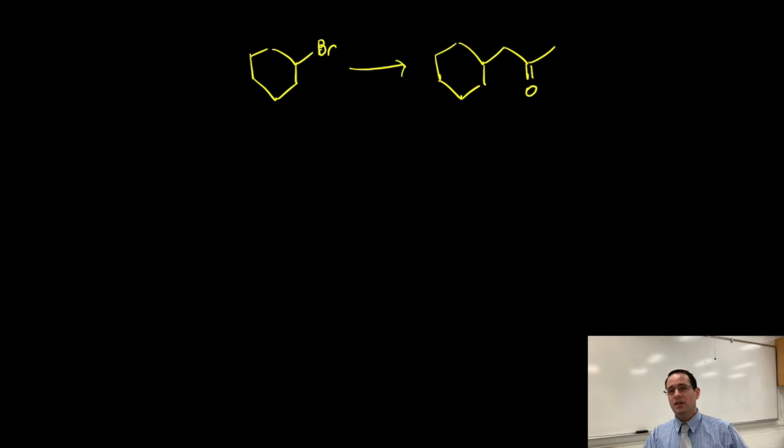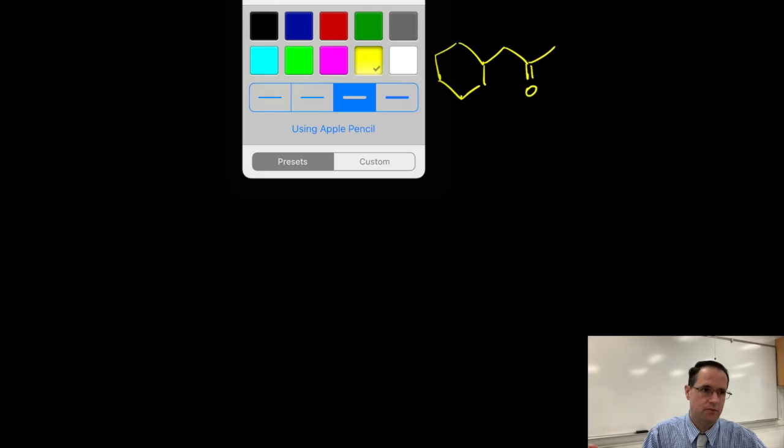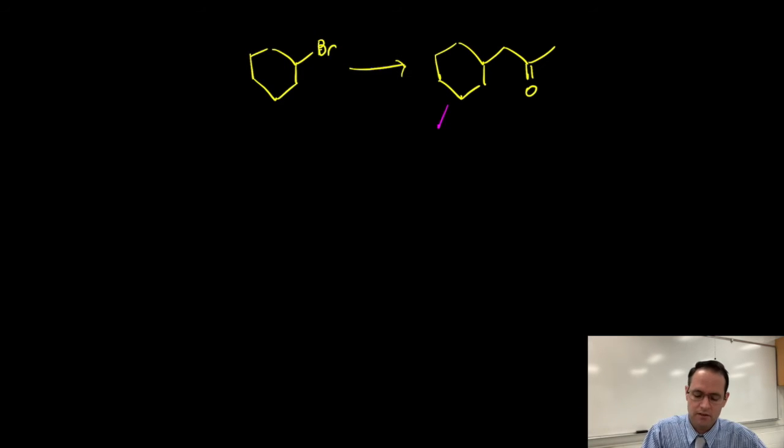So there's 3 new carbons there. I'm going to show you 2 different ways to do this, and it's okay to propose 2 different ways unless the problem specifically says you can't use a reaction from chapter whatever 9 or something, okay? So let's take a look at this.